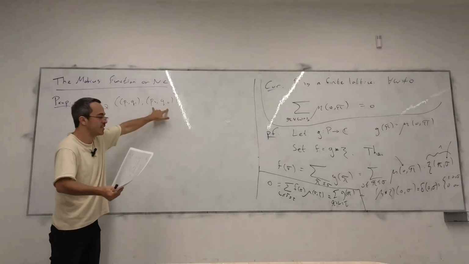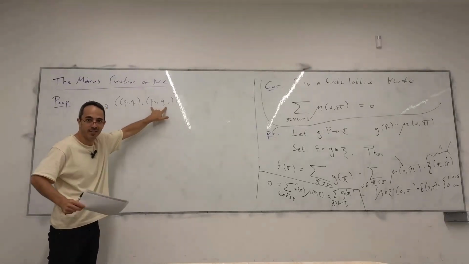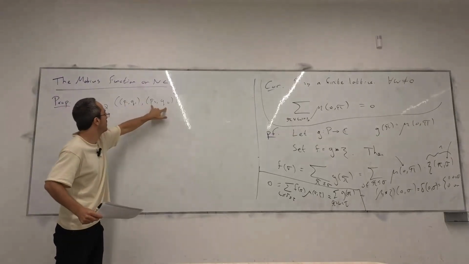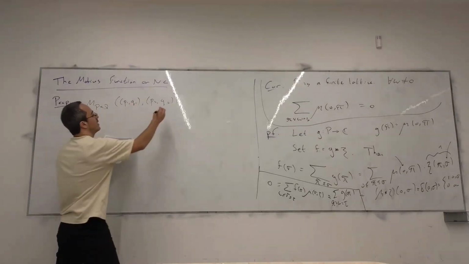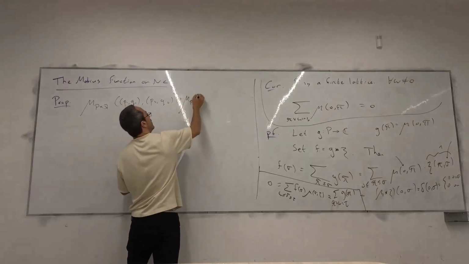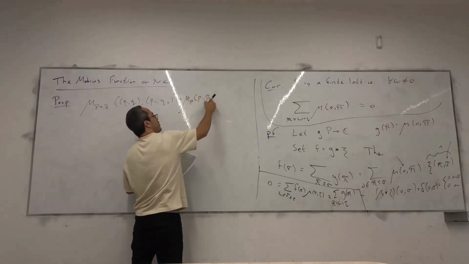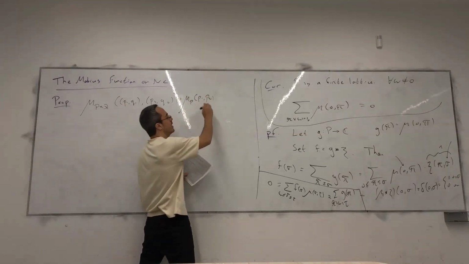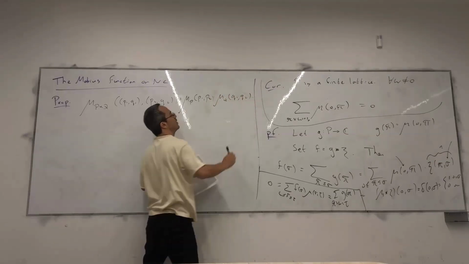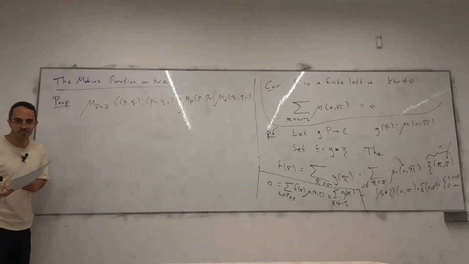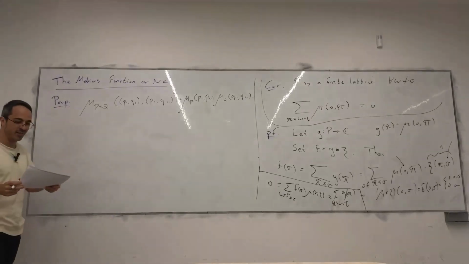Otherwise it's 0 or undefined, the way you like it. Smaller or equal means that P1 is smaller or equal than P2 and Q1 is smaller or equal than Q2. Then it is indeed what you would think. If you like the undefined version or the 0 version, it doesn't matter. That holds. It's very easy to prove.